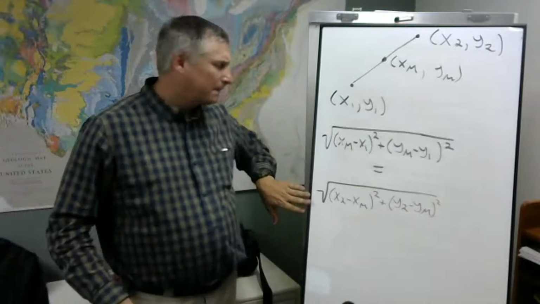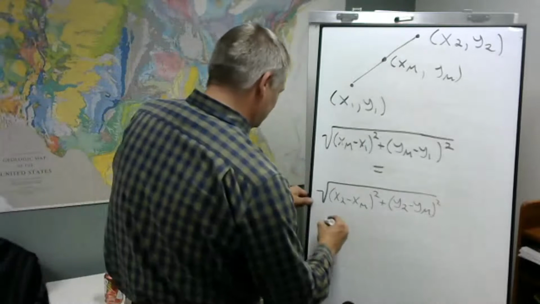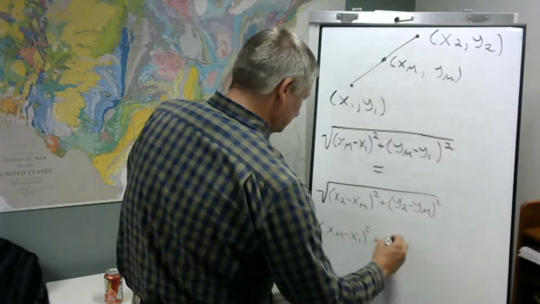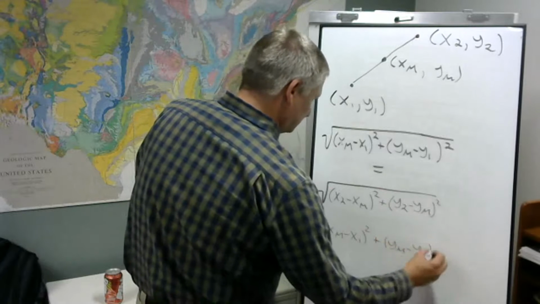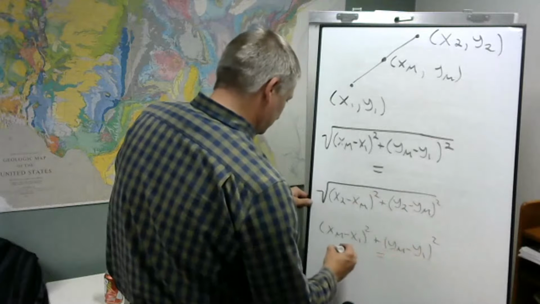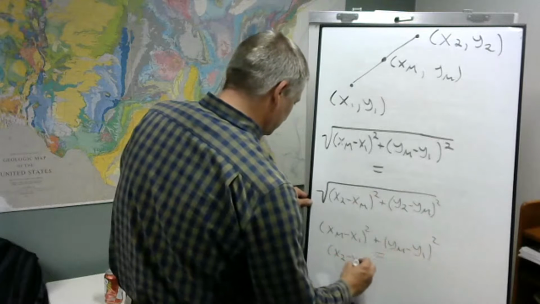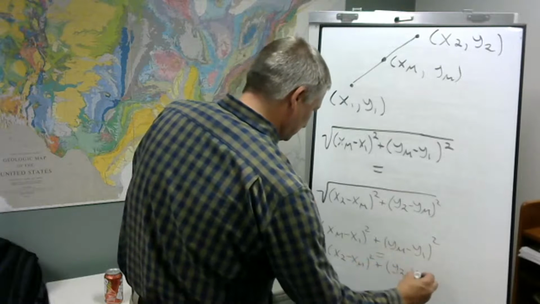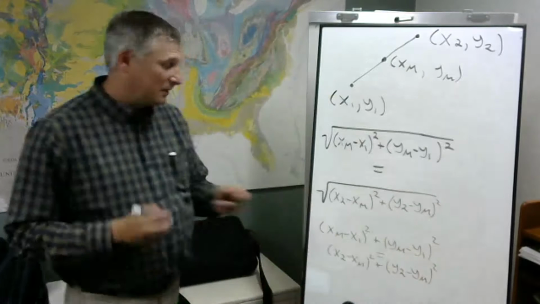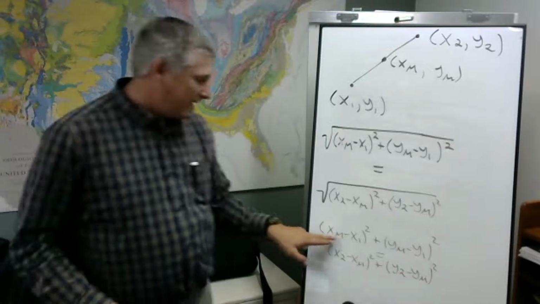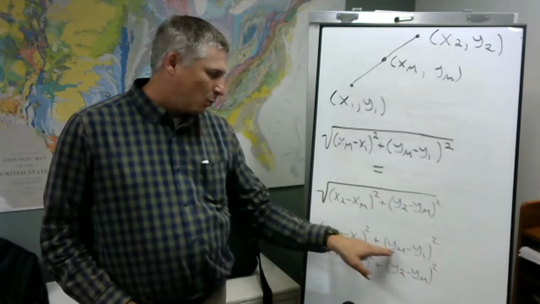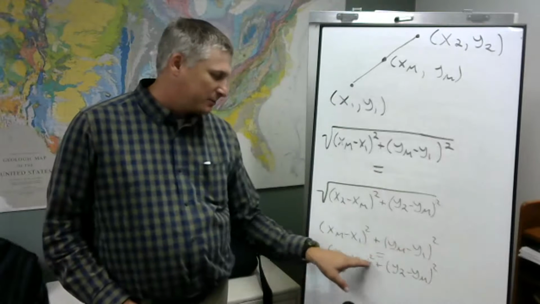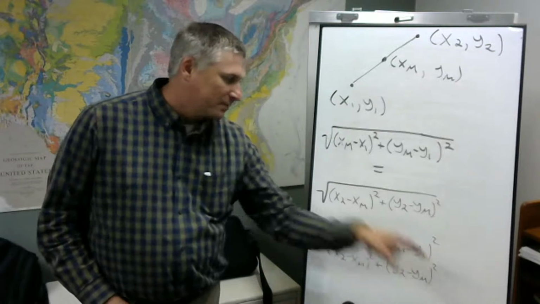And we can square both sides here. And so what we're going to get, and there we go. Xm minus x1 squared plus ym minus y1 squared equals x2 minus xm squared plus y2 minus ym squared.